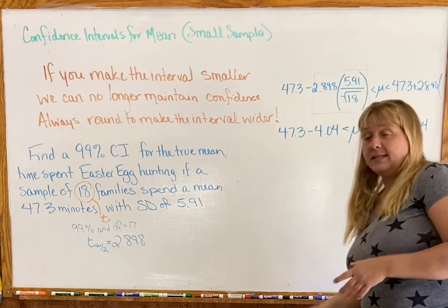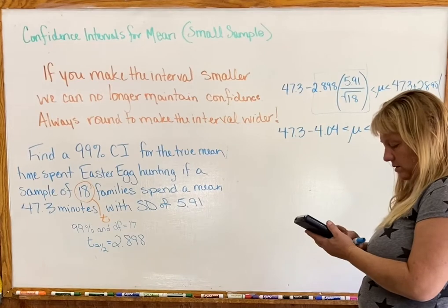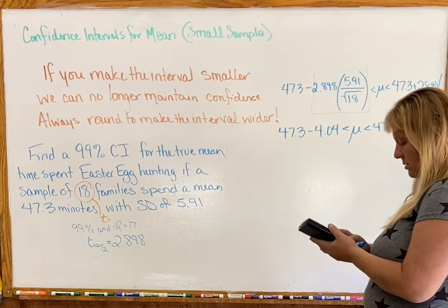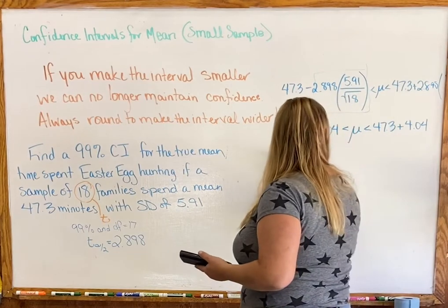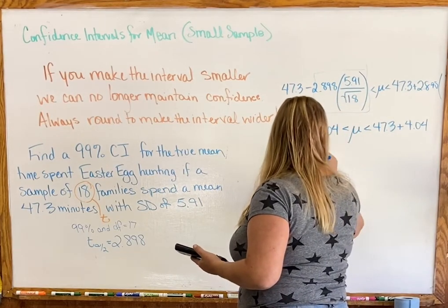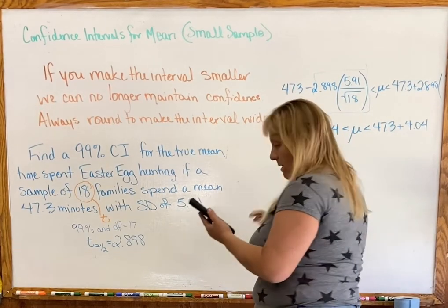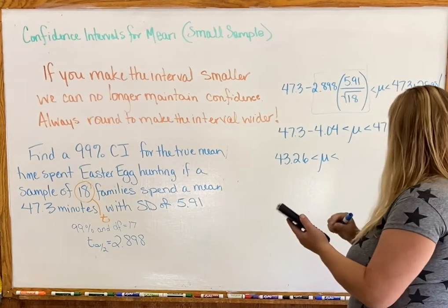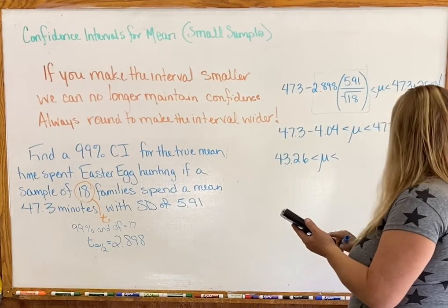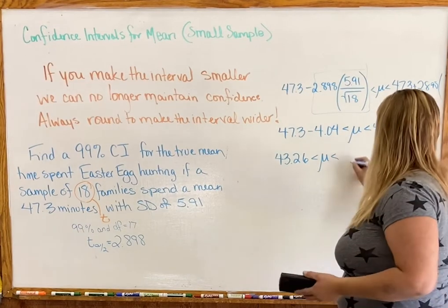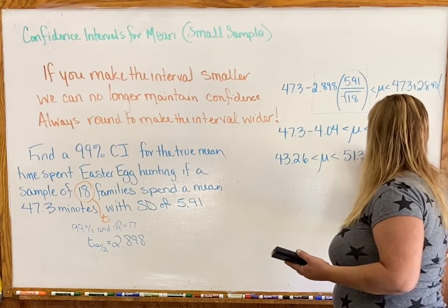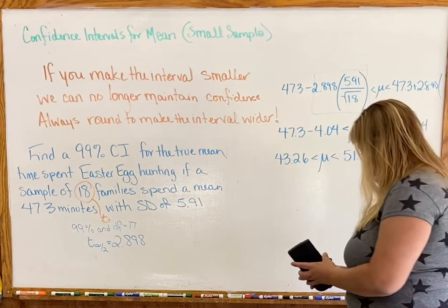Okay, so there's our middle step. Now we'll subtract, which gives me 43.26. And if we add, gives us 51.34.